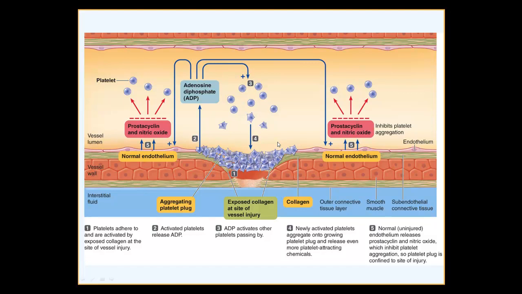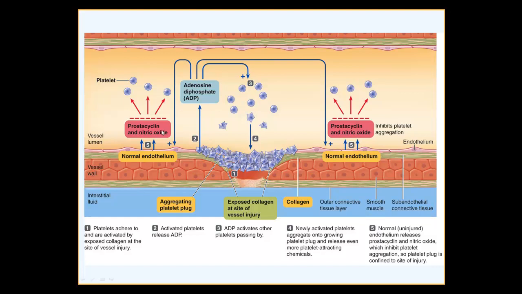And you will ask yourself the question, well, if they aggregate in this area, what stops them from spreading around to fill the entire capillary or artery? Well, the normal endothelium secretes nitric oxide and prostacyclin, and that will repel the platelets, keeping them aggregating only at the damaged area.